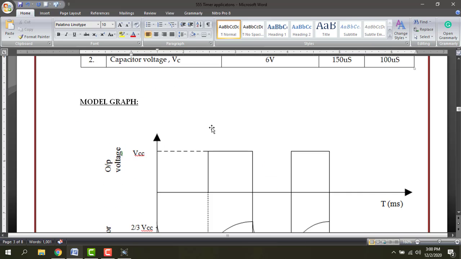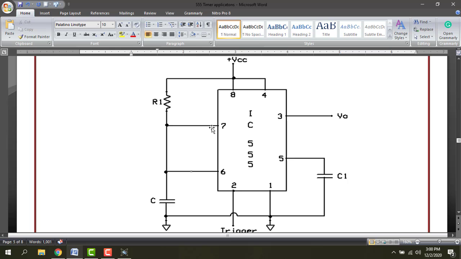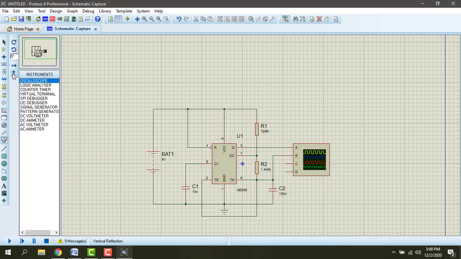this monostable multivibrator. It also produces a square waveform. So I am going to disconnect all the things.